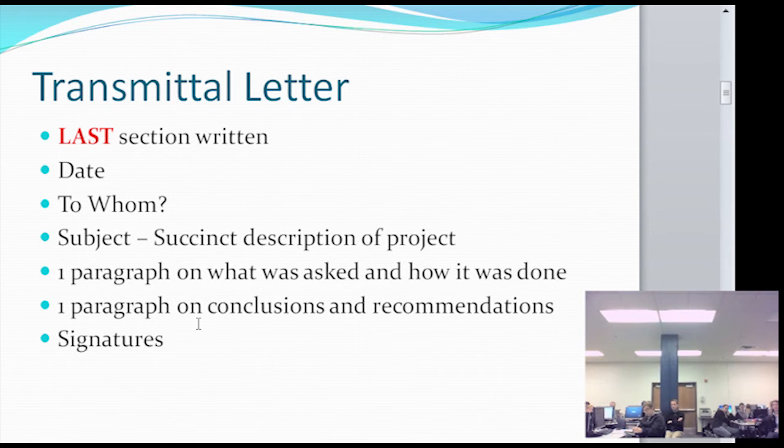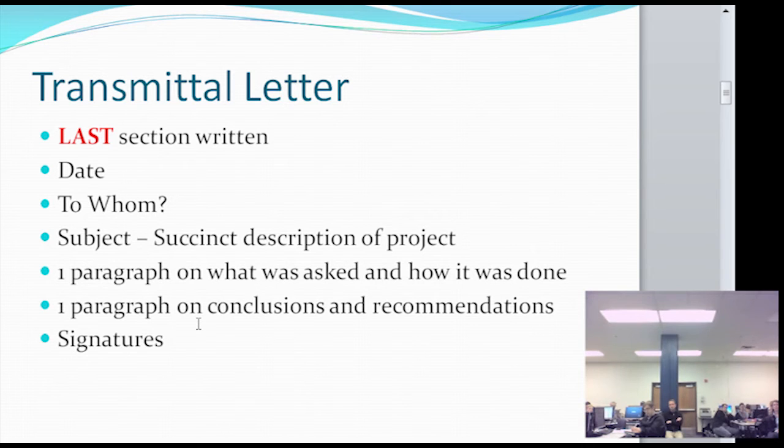Okay? 2 paragraphs, 1 paragraph on what was done and how it was done, the objective and how it was done. 1 paragraph on the conclusions and the recommendations. And that's it in the signature. Everybody signs it in a group, okay, if it's a group project.